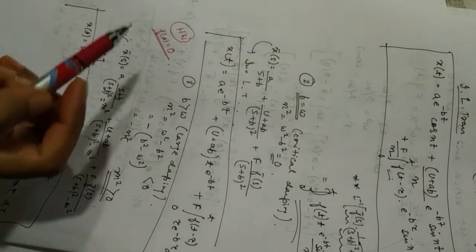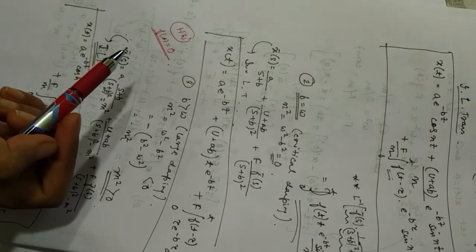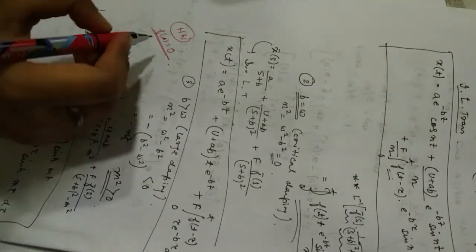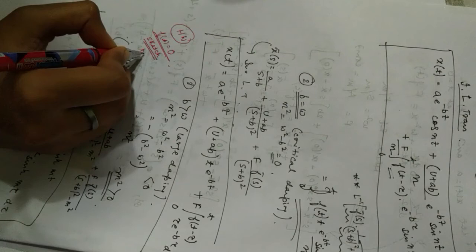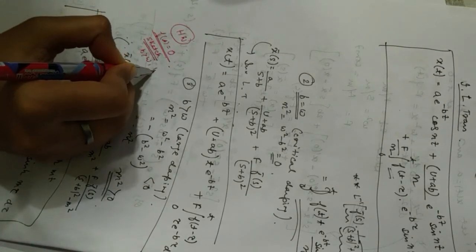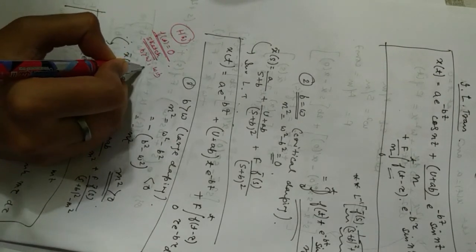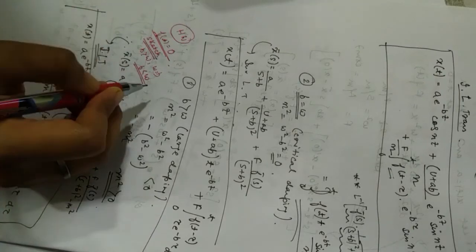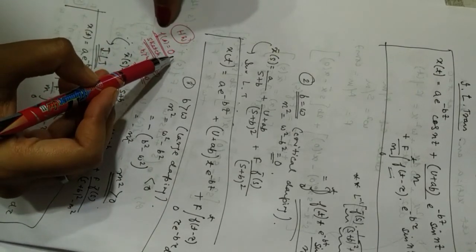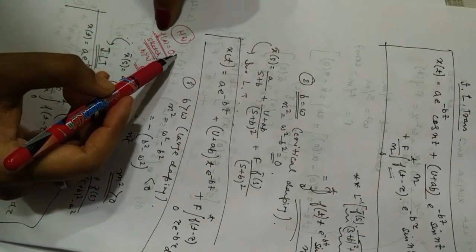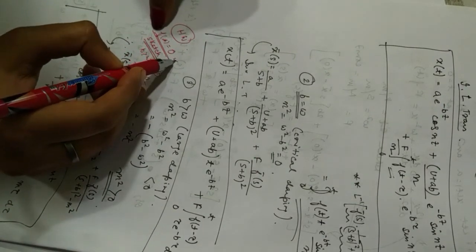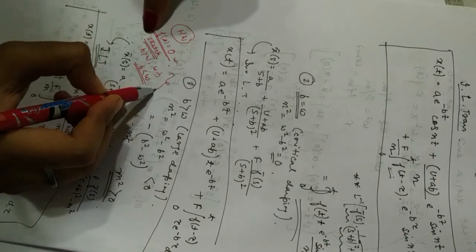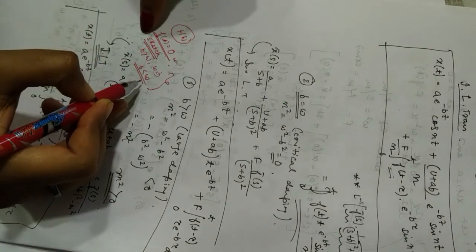Do it in a separate place, and also sketch the motion of the oscillator in each case, that is b greater than omega, b equal to omega, and b less than omega. So your homework is to solve the differential equation of a harmonic oscillator in a resistive medium where the external driving force is 0, and sketch the motion of the oscillator for all 3 cases.